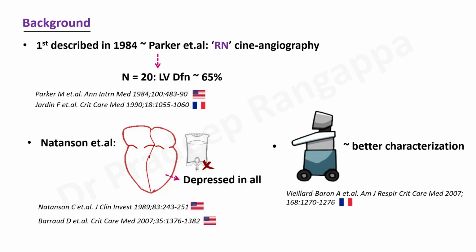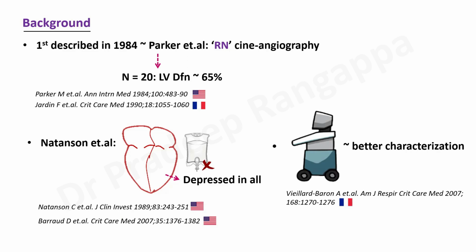The whole concept of septic cardiomyopathy goes way back to the 1980s, when people were trying to use the PA catheter to ascertain cardiac function, and they were not able to ascertain the myocardial dysfunction that was existent in septic patients.